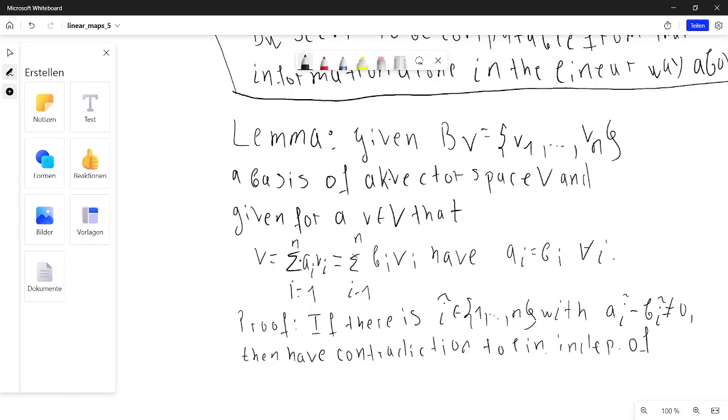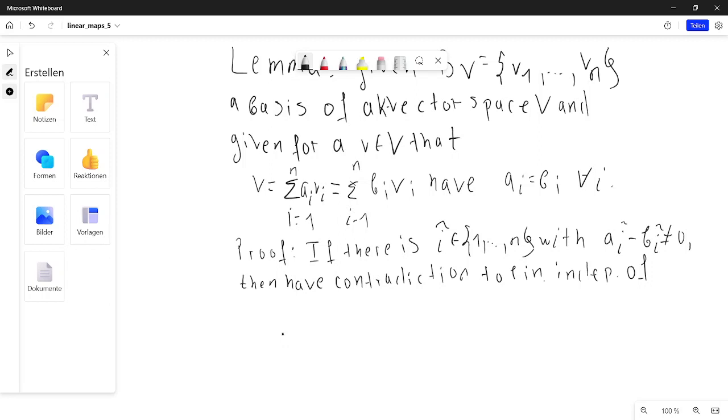Recall that B_V is a basis, so the vectors are linearly independent by definition. Independence of v1 to vn gives that the sum of (a_i minus b_i) v_i is equal 0, but at least one of the coefficients is not equal 0, so this contradicts the linear independence of those vectors. And that's it.